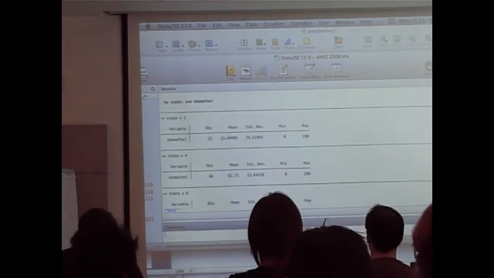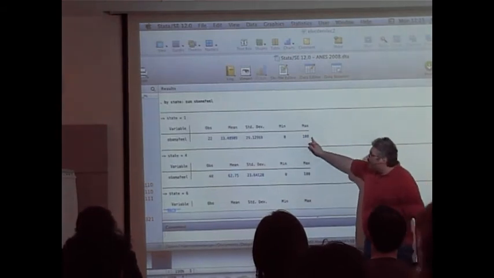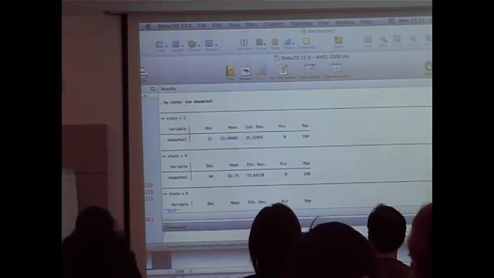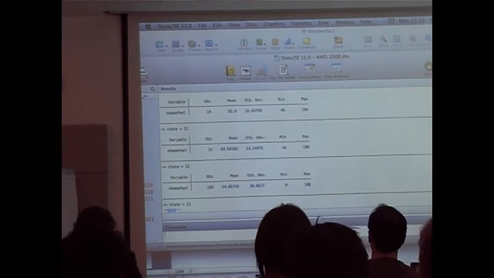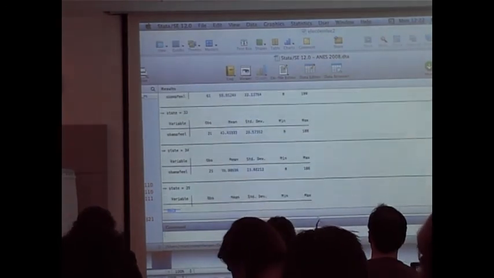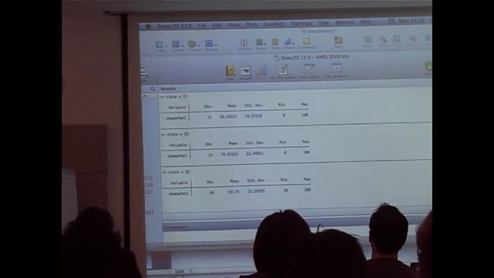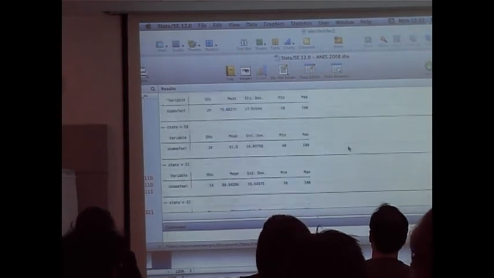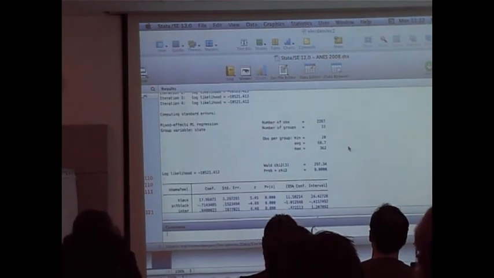I'll just give you a flavor. The first state here is Alabama. We have 22 observations. Arizona, we have 40. And then you go down through the various states, and you see some of them are quite high, some of them quite small. In fact, you can get a pretty good indication of this when you look at the top of the data output.